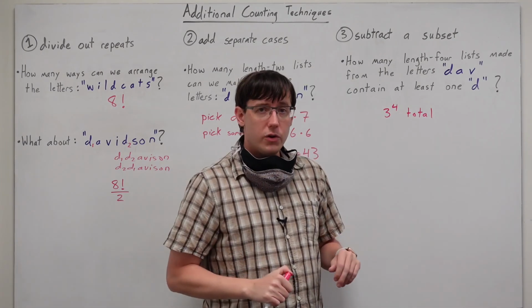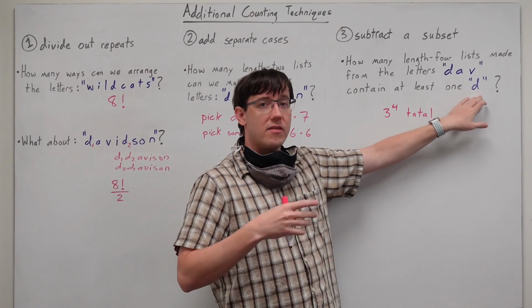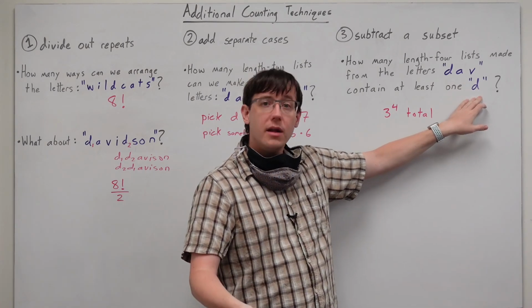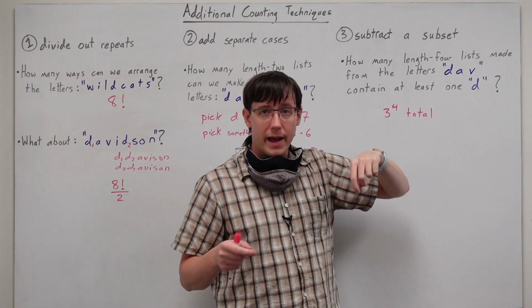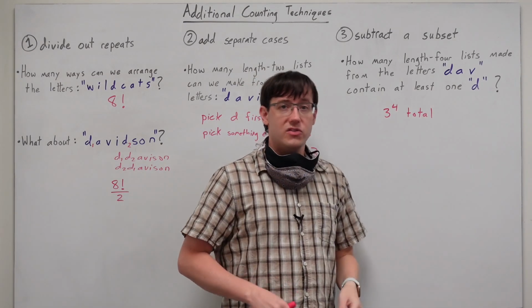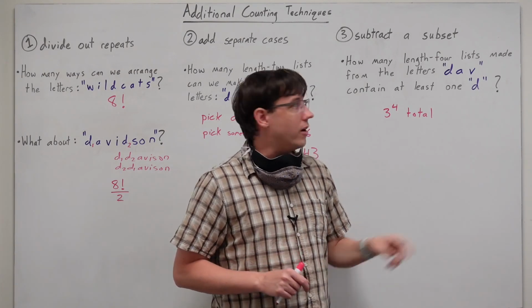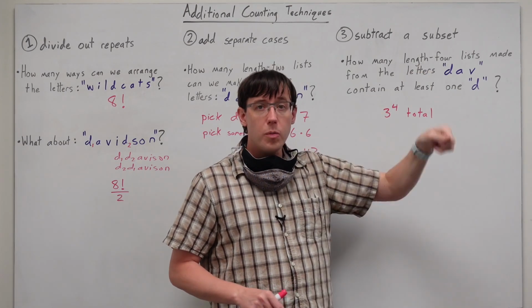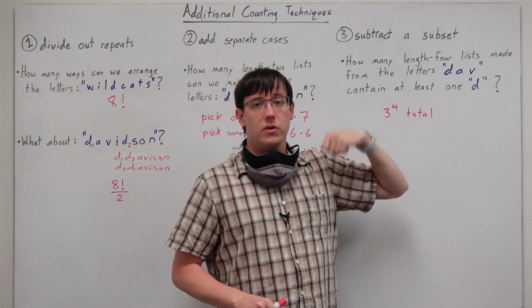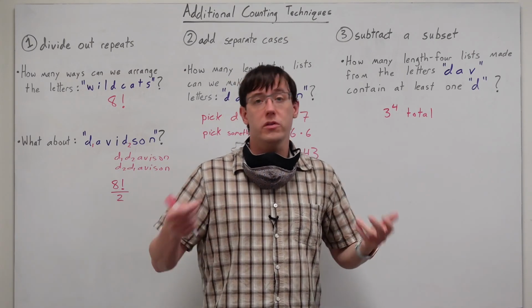And if we want to ensure that we are only counting the lists that have at least one D, then the most convenient way to do that might be to subtract the number of lists that don't have at least one D. Those are the lists that only contain A's and V's, and so we have 2 possibilities for the first letter times 2 possibilities for the second, for a total of 2 to the 4th.